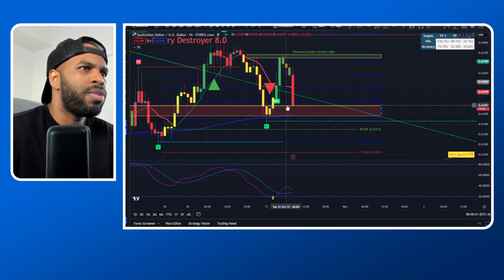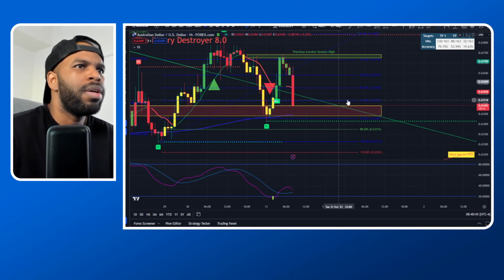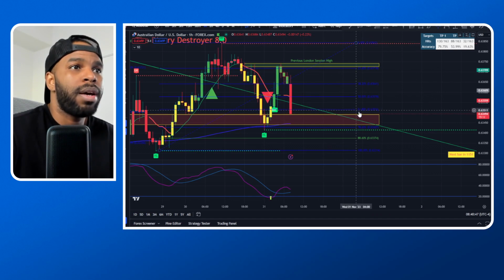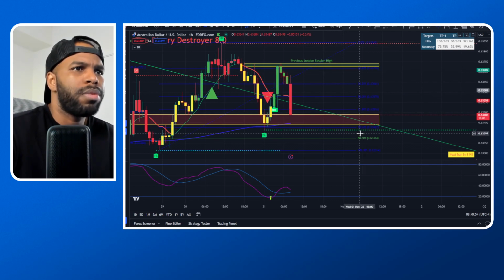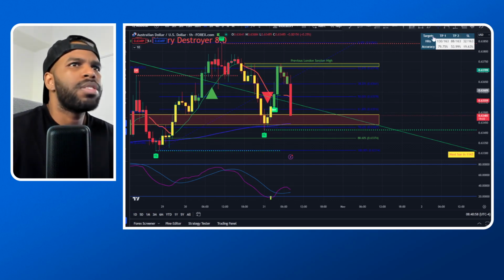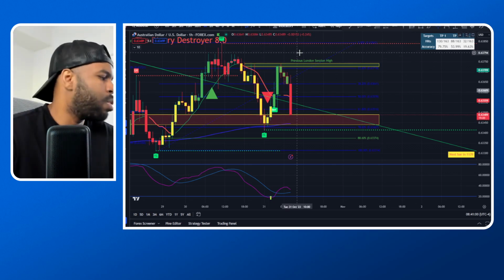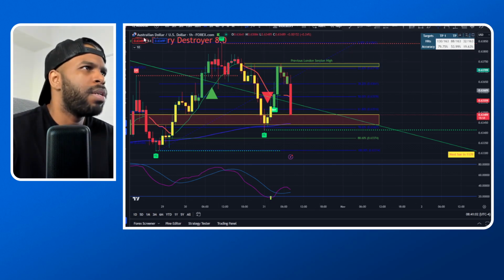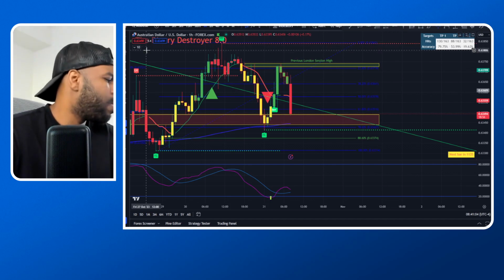This could be that new higher low right here. Reject this level and create a higher low here, because we're also at a 61.8 fib level right here. This is a reversal zone. So what I'm gonna do is, I might close the Euro JPY and then I might look to get into USD.